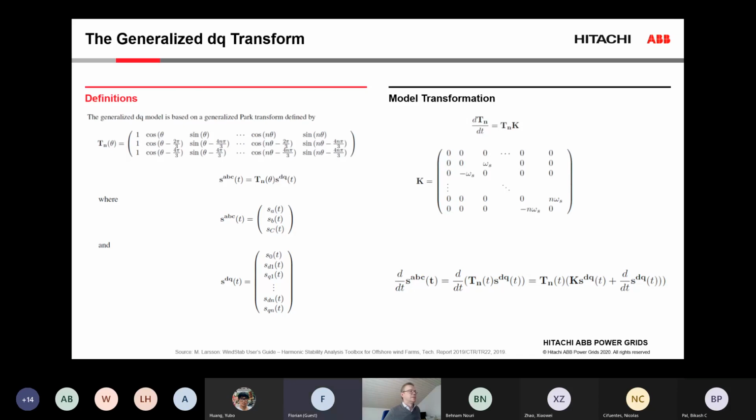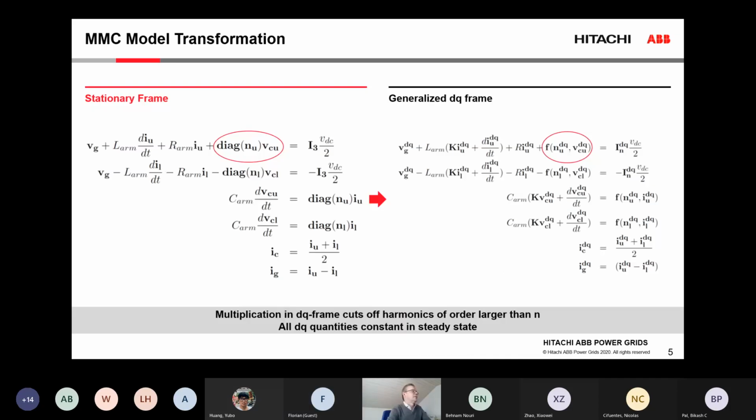And that means now that we had this model in the stationary frame, so we can quite easily derive this. If I want to transform this now into the generalized DQ frame, what I need to do is take all these derivative expressions and substitute those with one derivative of the state in the DQ frame, plus a term K times the state itself.